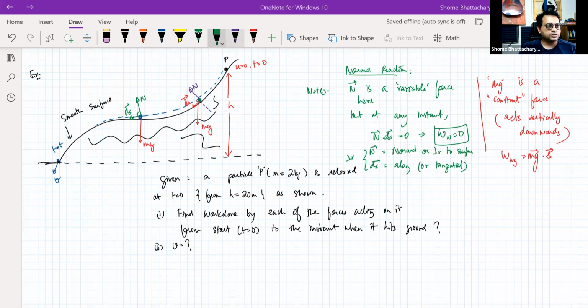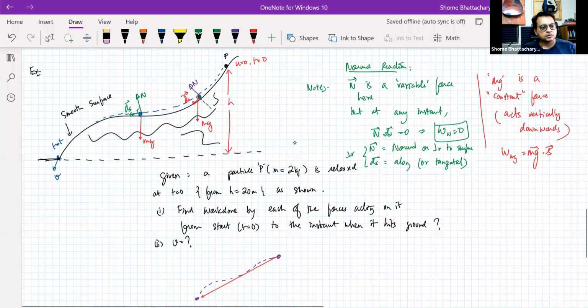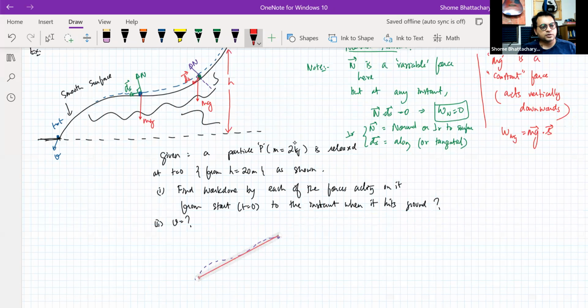So to calculate the work done by gravity, what we have to understand is that as that particle is going on a path like this, whatever this path is, the displacement is this vector. And when we calculate the dot product of this vector with gravitational force, which is the vertically downward vector, we don't need the vector's magnitude, we just need its vertical component, which is h, because mg is like this.